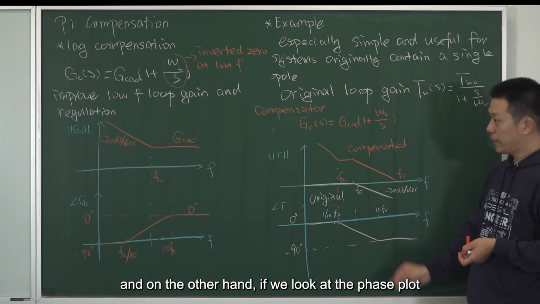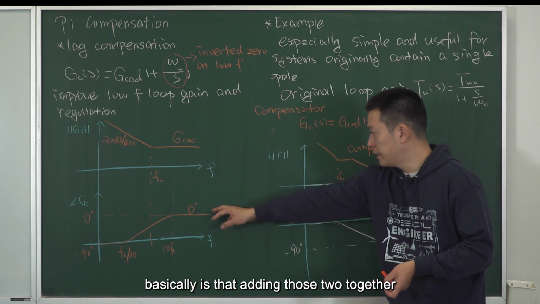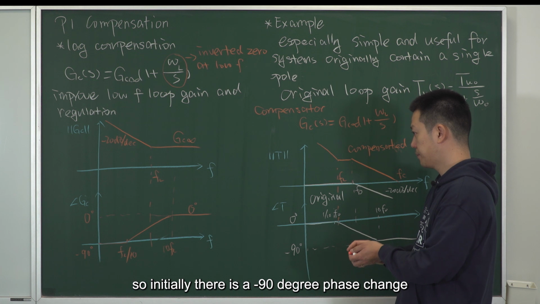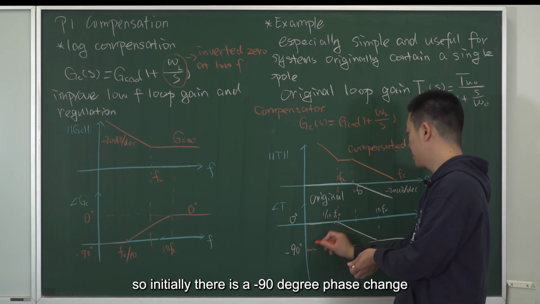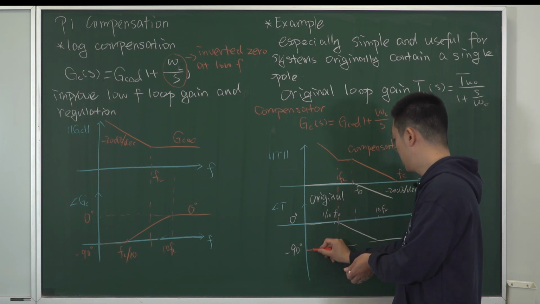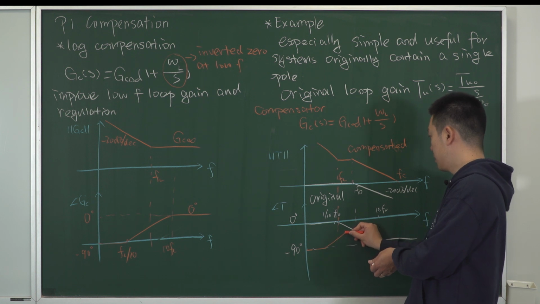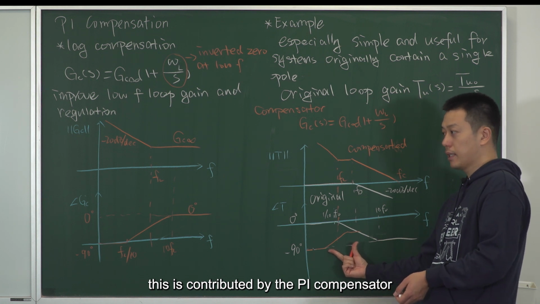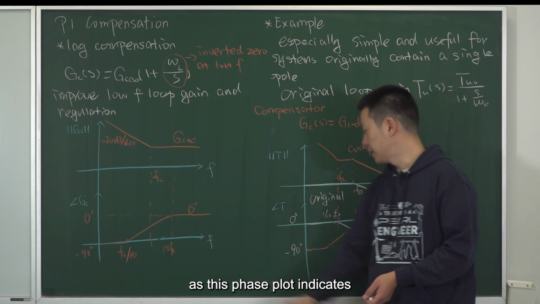On the other hand, if we look at the phase plot, basically it's like adding those two together. Initially there is a minus 90-degree phase change, contributed by the PI compensator, as this phase plot indicates.